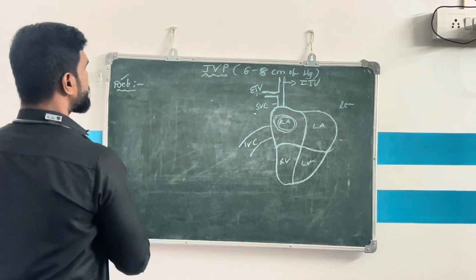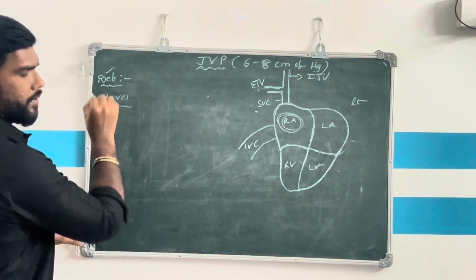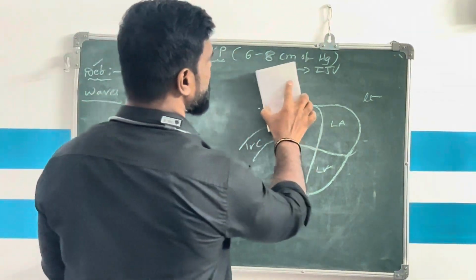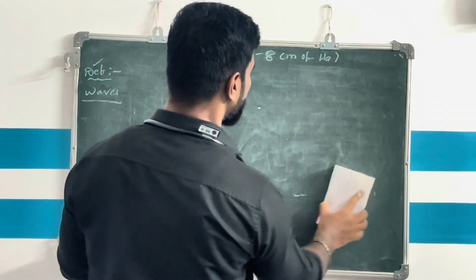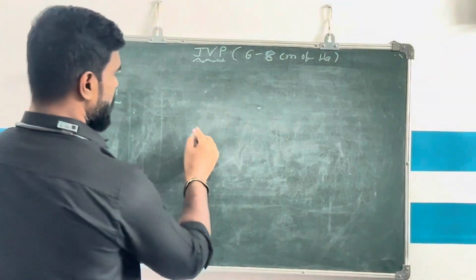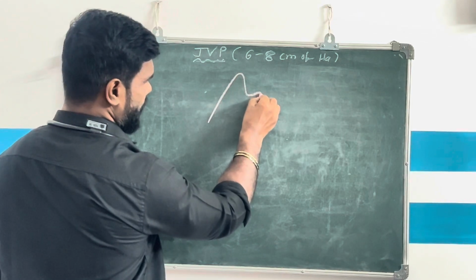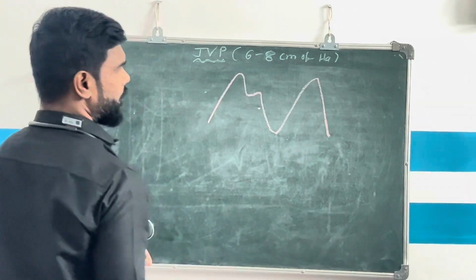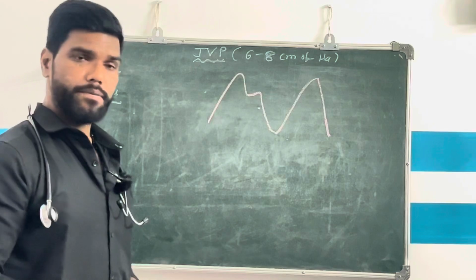In jugular venous pressure there are some waves. Let me draw one diagram for you. So this is the definition of jugular venous pressure. This is the diagrammatic representation of the jugular venous pressure.